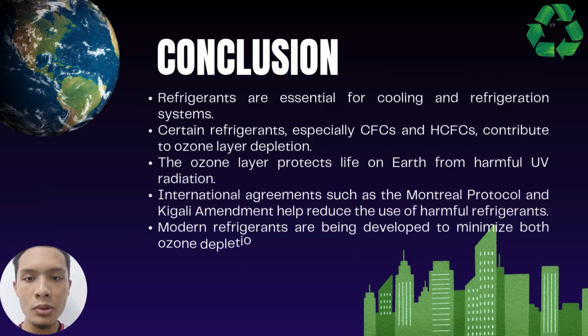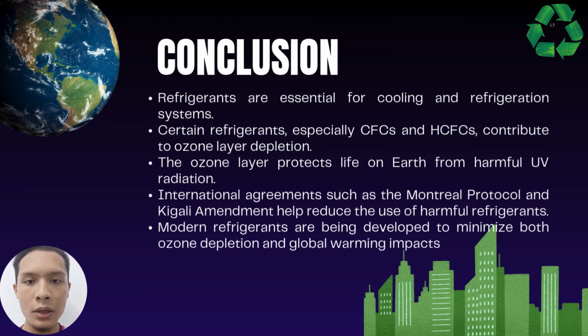To address these issues, international agreements such as the Montreal Protocol and the Kigali Amendment were introduced to phase out environmentally harmful refrigerants and promote safer alternatives. Today, the industry is moving towards refrigerants with a lower ozone depletion potential and lower global warming potential, helping to create a more sustainable future.